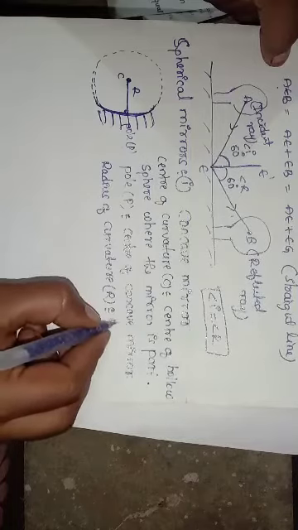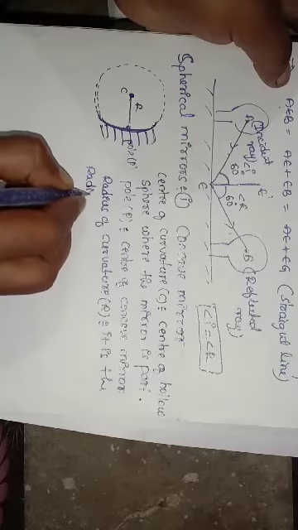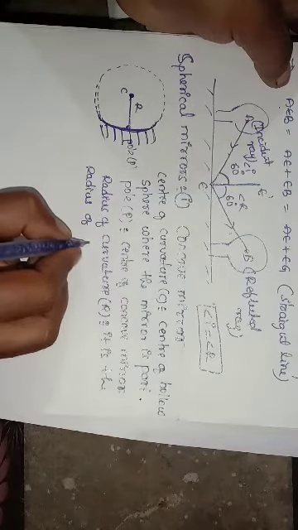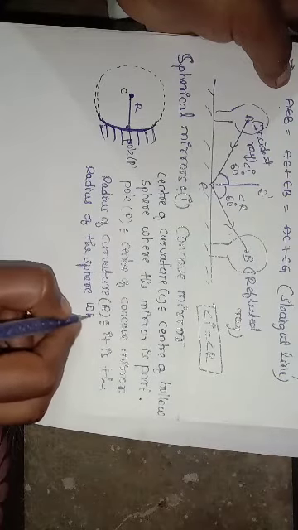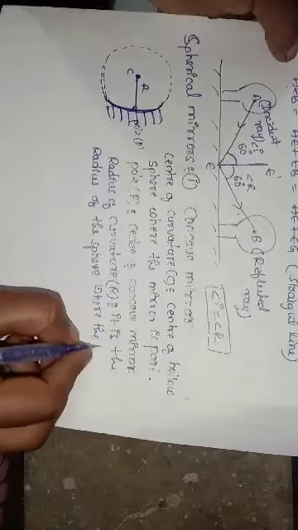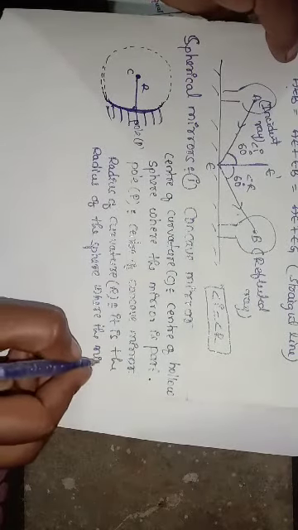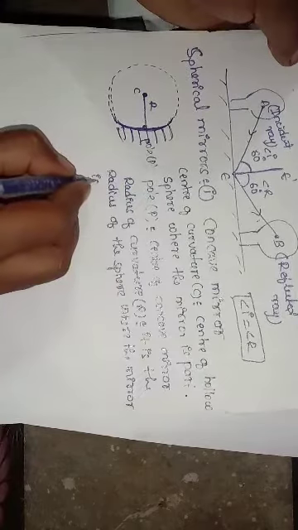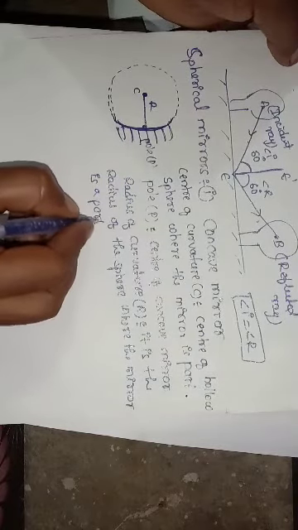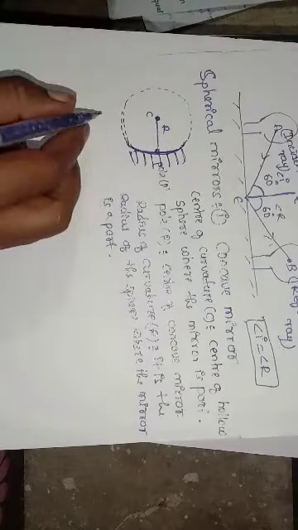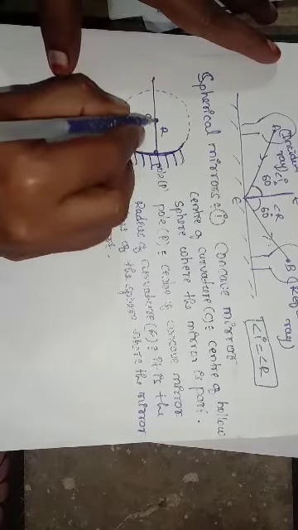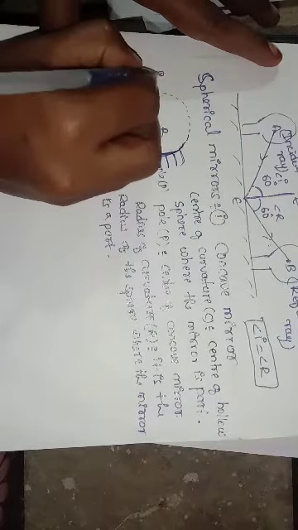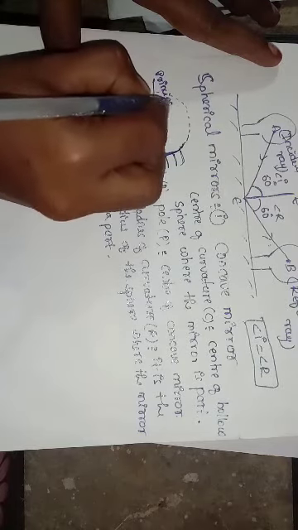Next, the straight line passing through the center of curvature and pole is called the principal axis.